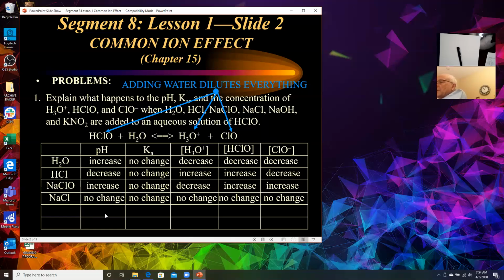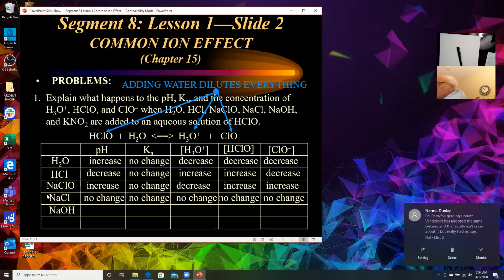No change at all. If we add sodium hydroxide, it's a strong base. If I add a strong base, it's going to react with the strongest acid up here, which is hydronium ion. It's going to use that up. When it uses that up, it decreases the hydronium concentration. So what do you think that would do to the pH?